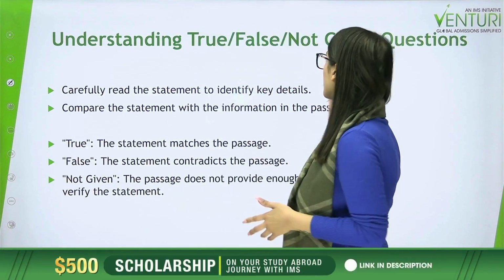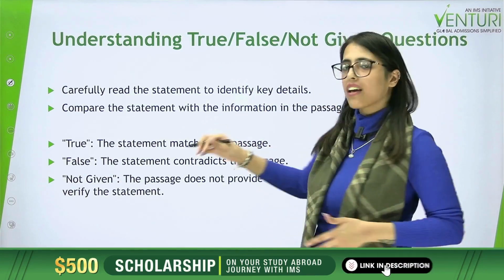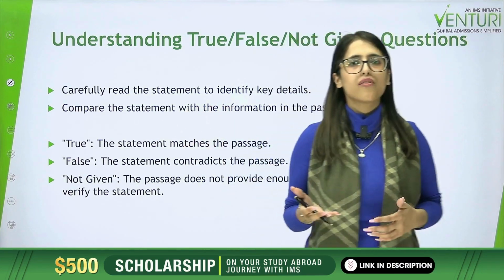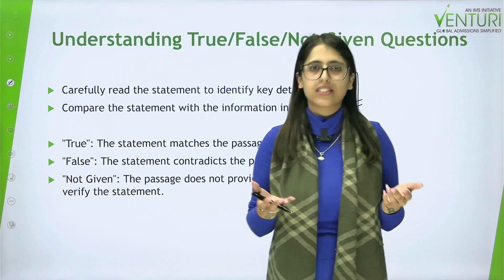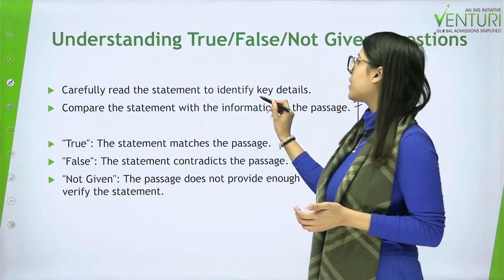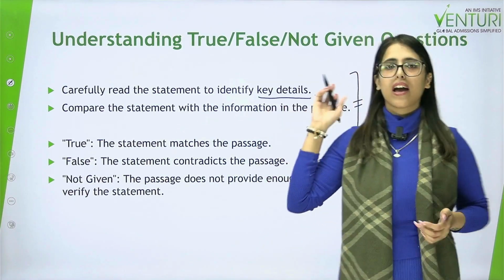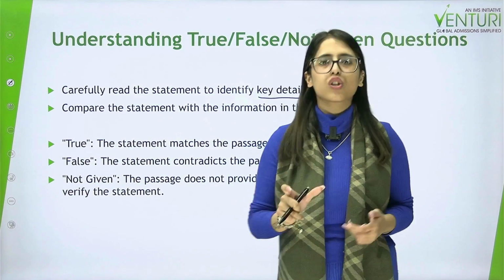Now let's see how we approach this and what is to be done in this question. First off, obviously you have to understand the question statement that is given to you in your question paper, right? For that you need to identify the key details or keywords of your question.